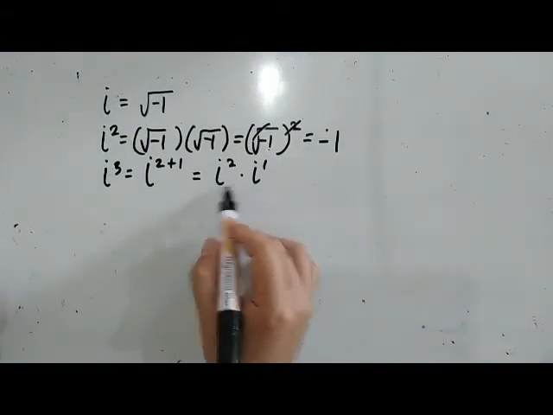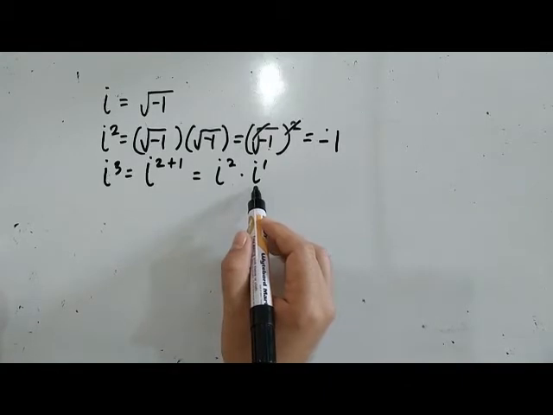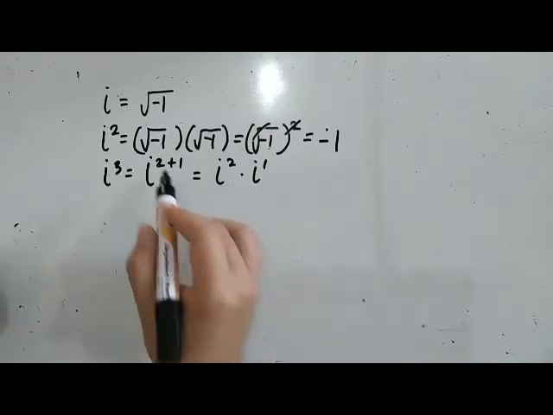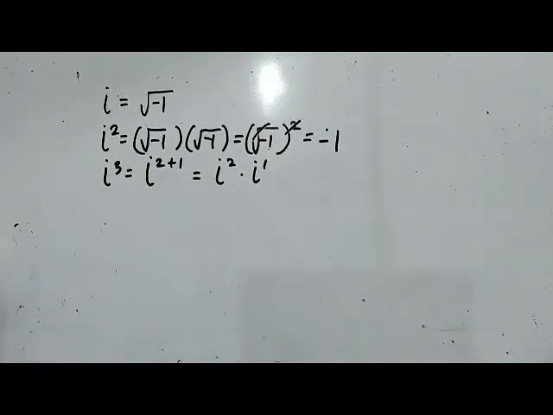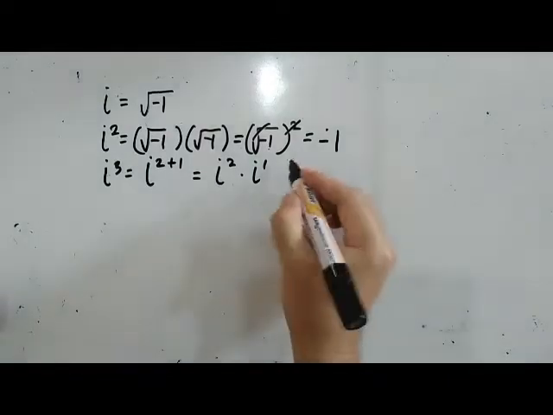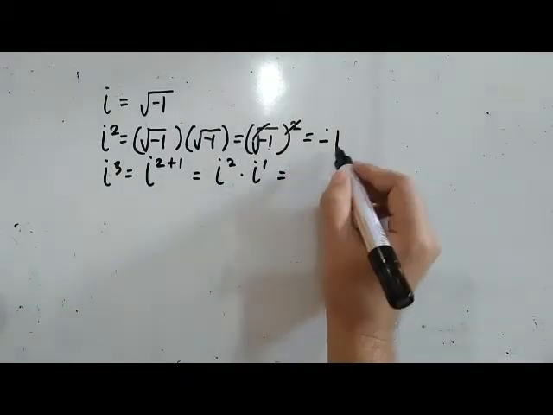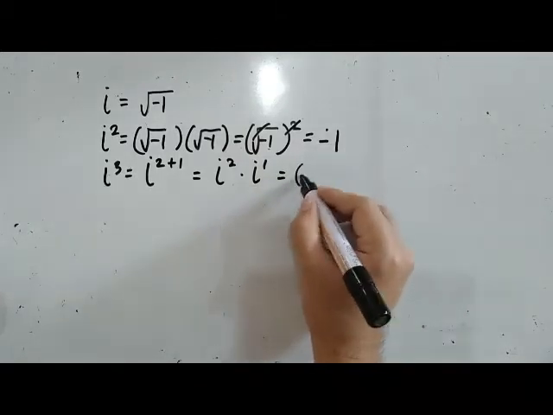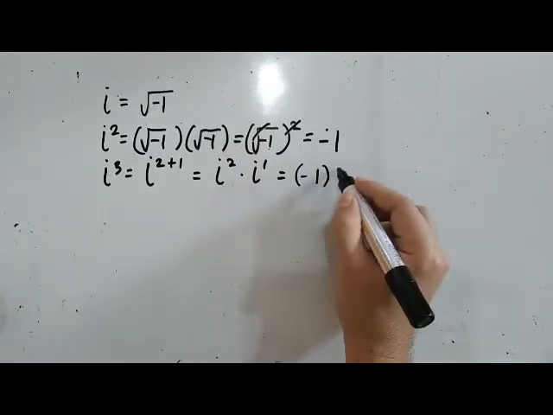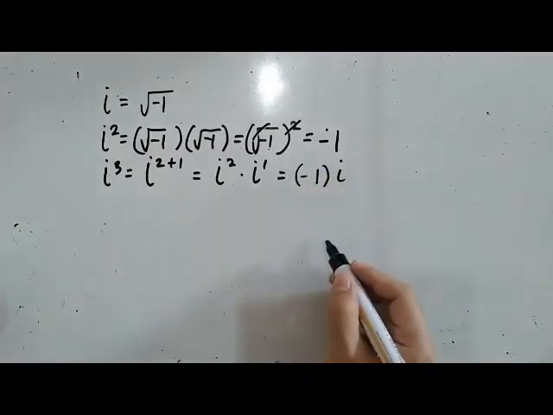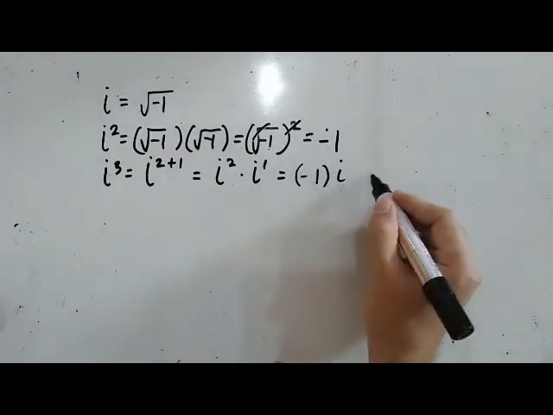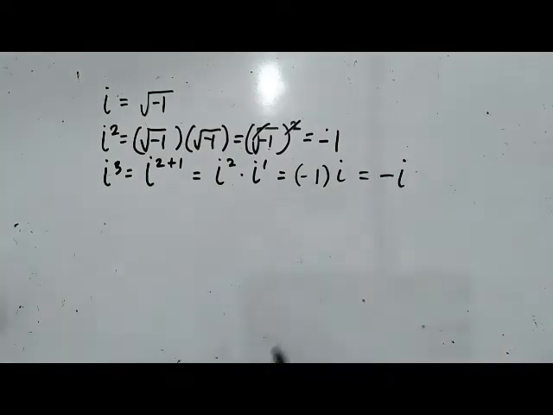By the law of exponents, if the base is the same, the exponents are added. So I squared is equal to negative 1, as above, and I to the positive 1 is I. Therefore, I cubed is equal to negative I.